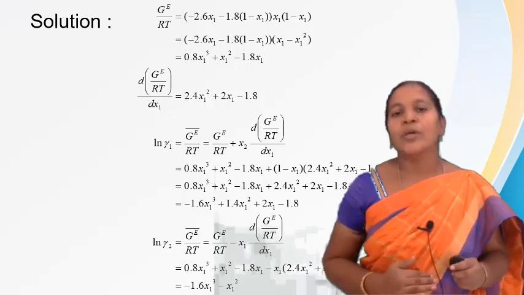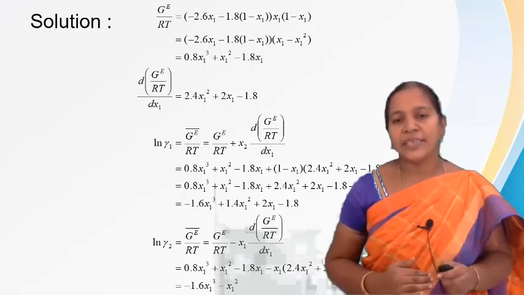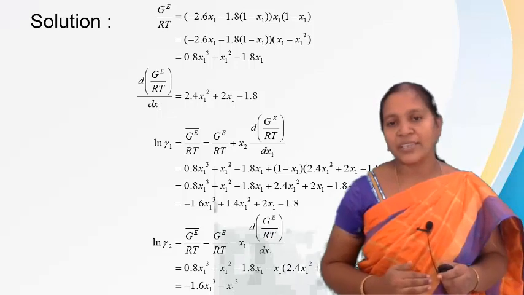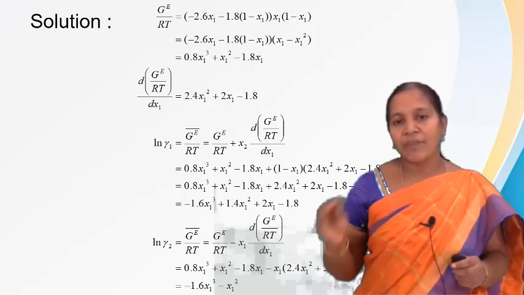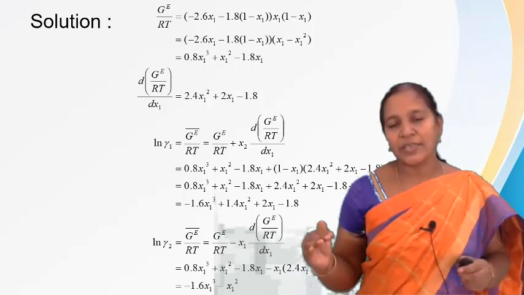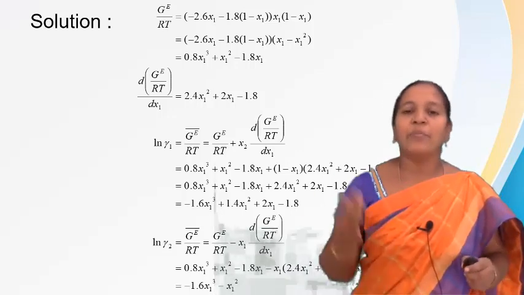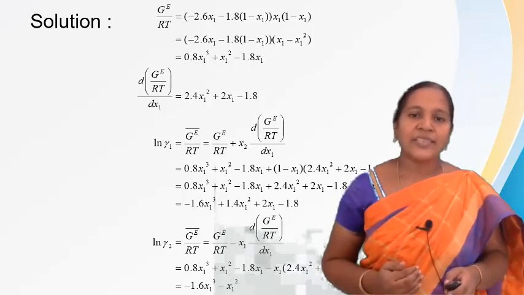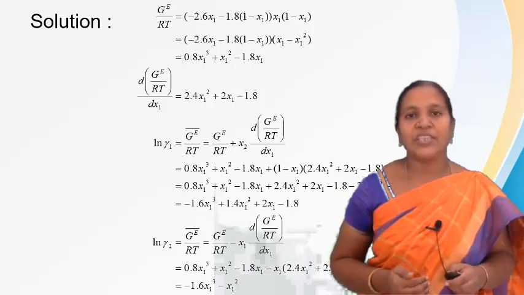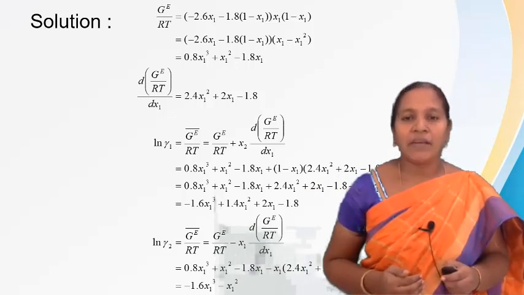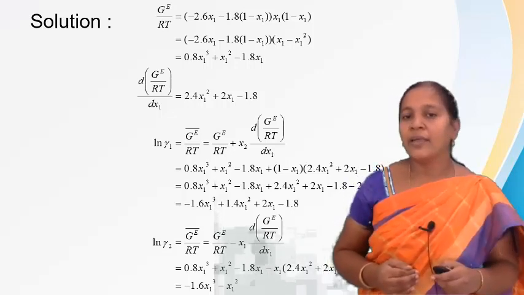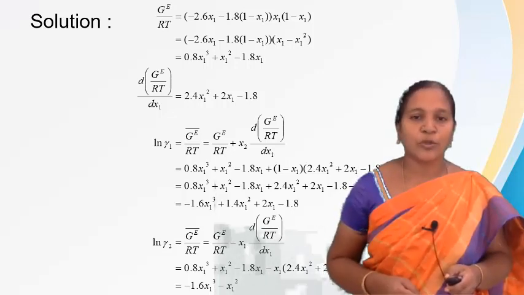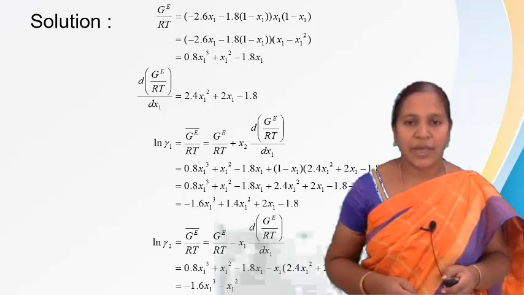That is equal to G bar by RT, which is G^E/RT minus x1 d of G^E/RT by dx1. That is in the form of M2 bar is equal to M minus x1 dM by dx1. Then substitute the values of G^E/RT and d of G^E/RT. Then simplify. We will get minus 1.6 x1 cubed minus x1 squared.